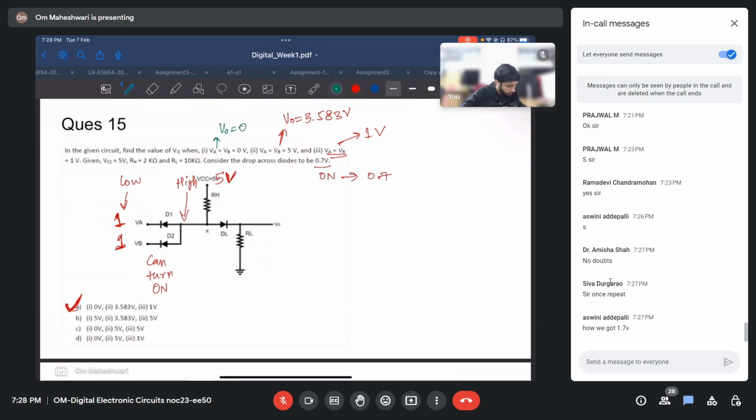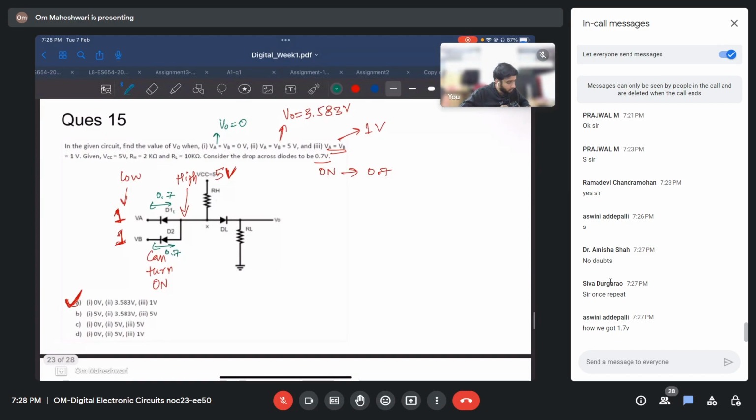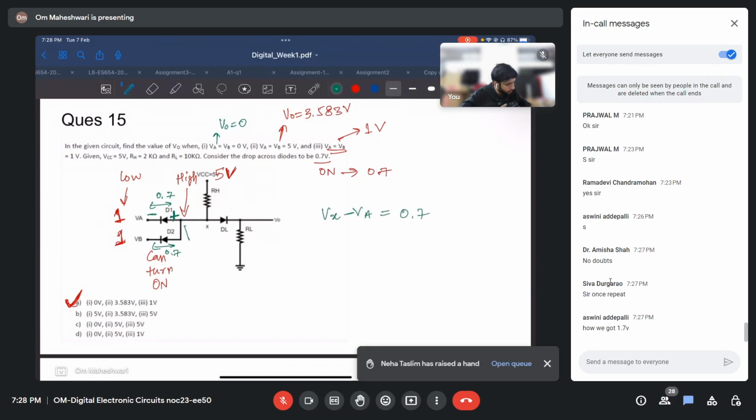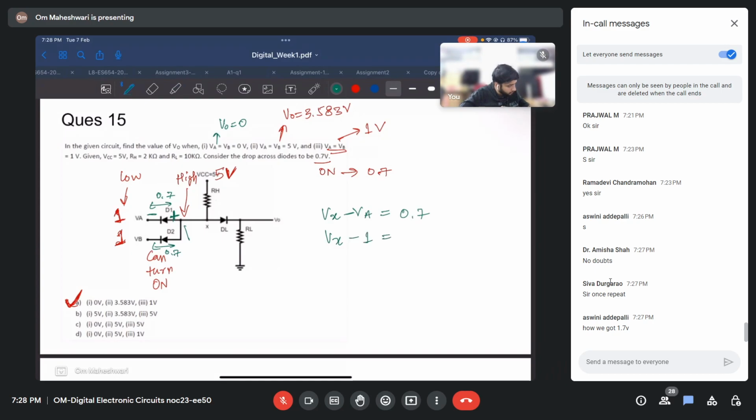So we have a potential drop of 0.7 volts here and 0.7 volts here. So we have the plus and minus. The voltage difference between Vx minus VA will be 0.7. Vx minus 1 is 0.7. Vx equals 1.7. That is how we are getting 1.7 here.